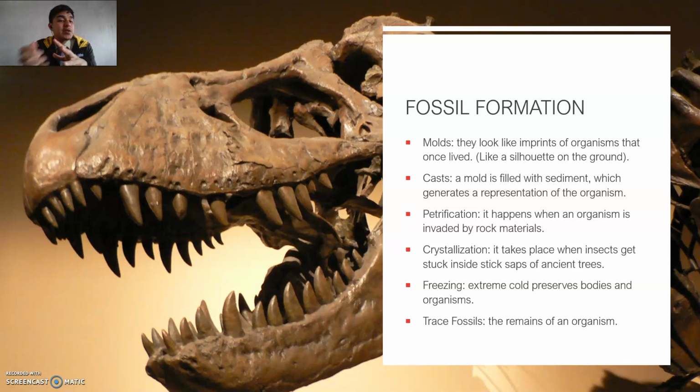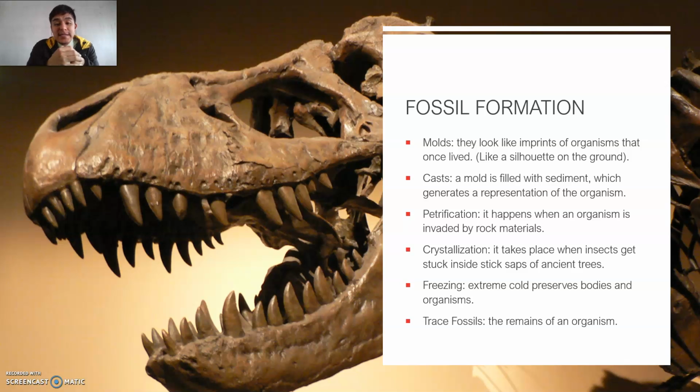So in some occasions, what happens is that the rock materials start invading and coming inside that we have right there, like bones, shells, or other hard material. So at some point, the organism is going to be mixed up with rocks. So that combination of the organism along with rocks is called petrification.